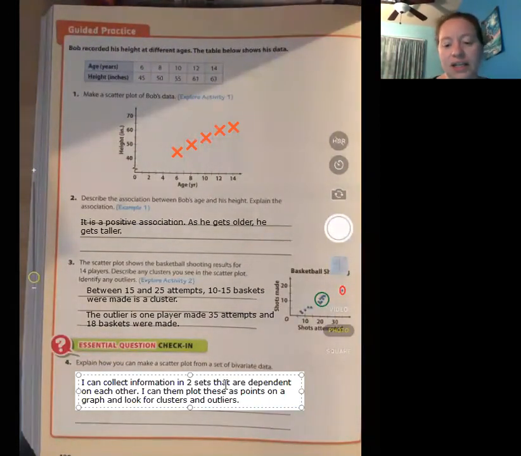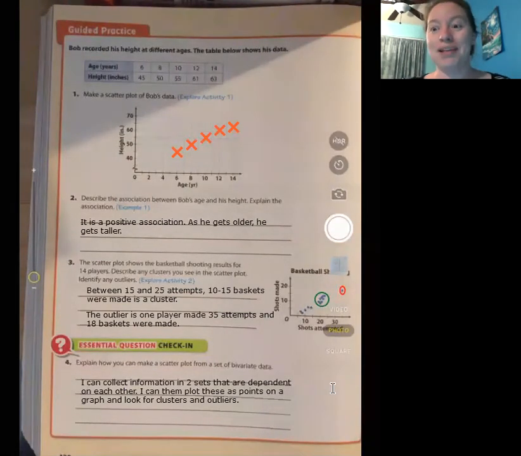The reason why I say right here, it has to be two that are dependent upon each other, is because if one of my data points is what day of the year it is, and my other data point is how many times I popped my bubble gum, unless we're trying to decide which day I pop my bubble gum the most on, it's not going to be relevant, or unless you're doing an experiment about how many times can you pop bubble gum depending on what the temperature is.